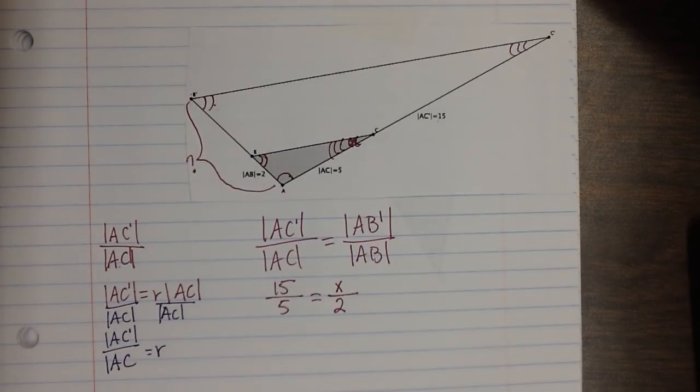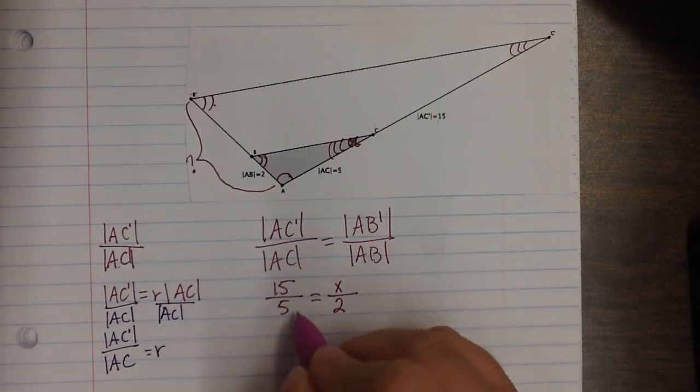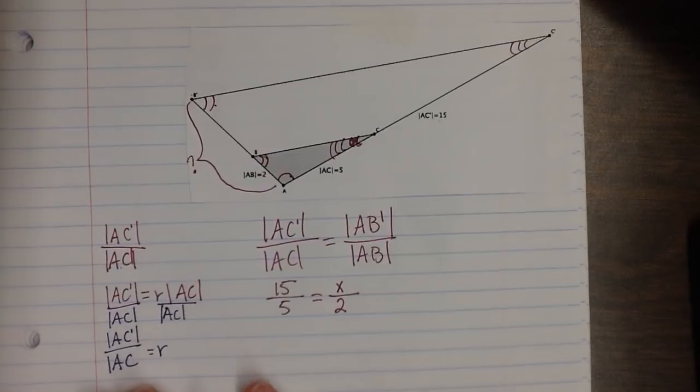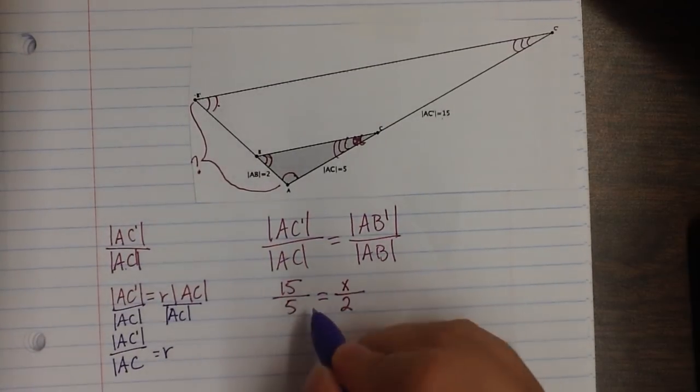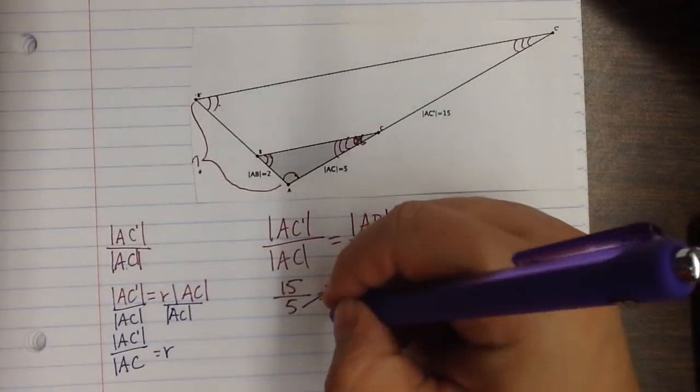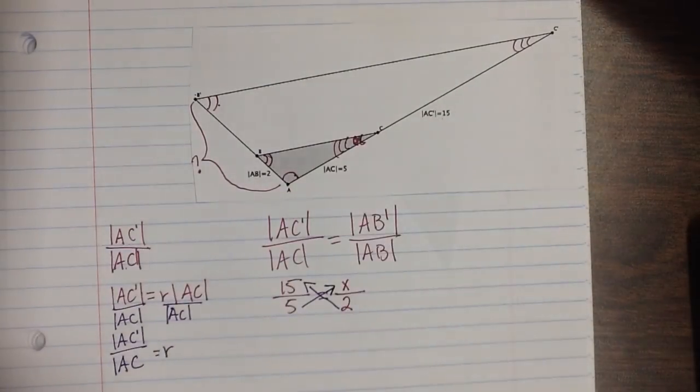Because we know that for equivalent fractions, we multiply the numerator of the fraction by the denominator of the other fraction, the products are equal, so we can use that fact to find the length of the side. That's just cross multiplication. So I'm going to multiply this by this, and it should equal this by this.